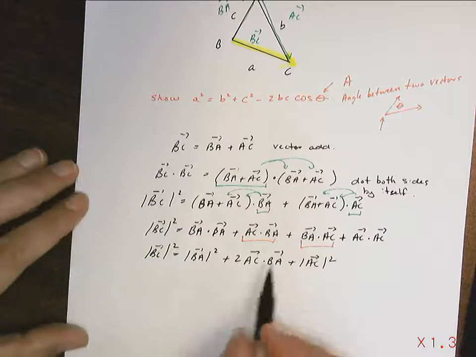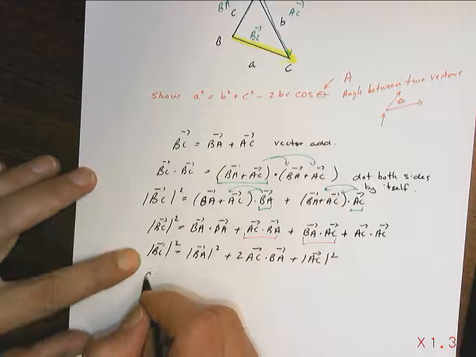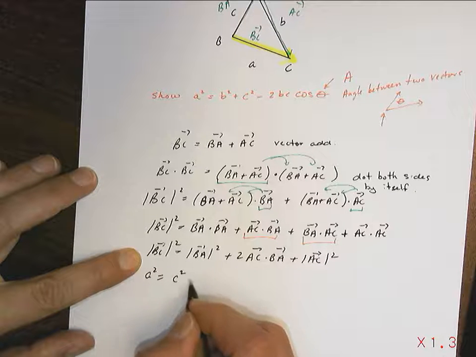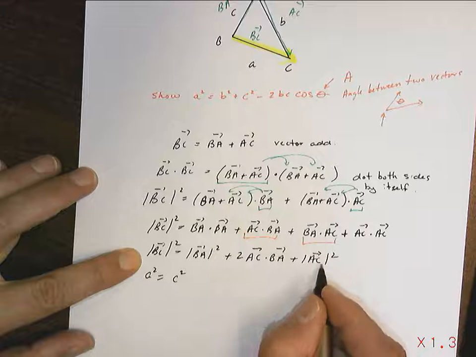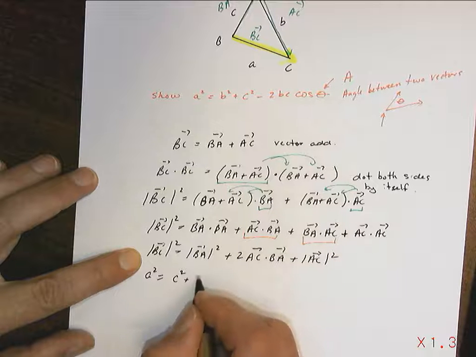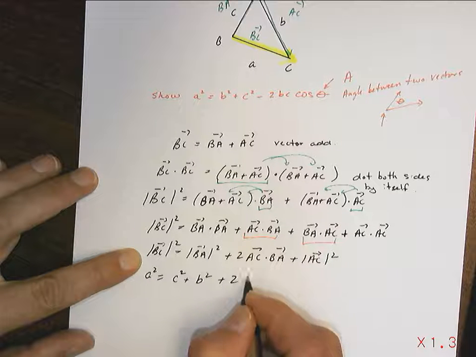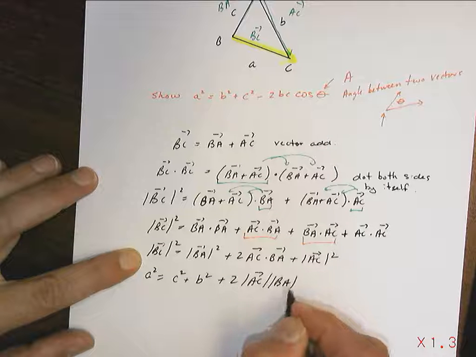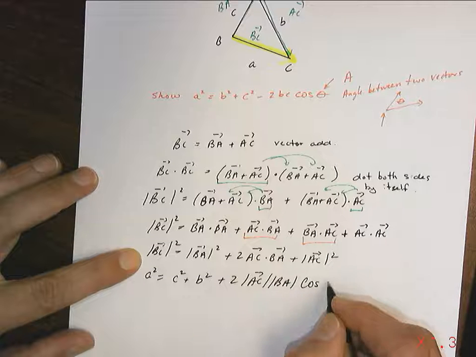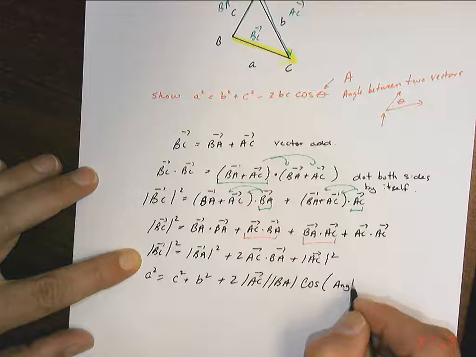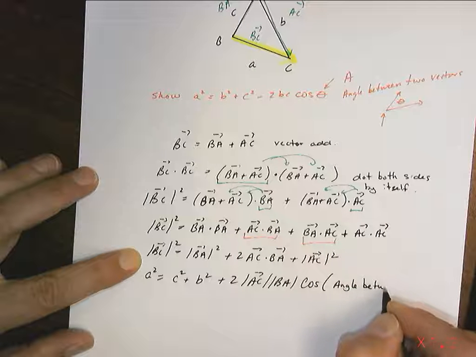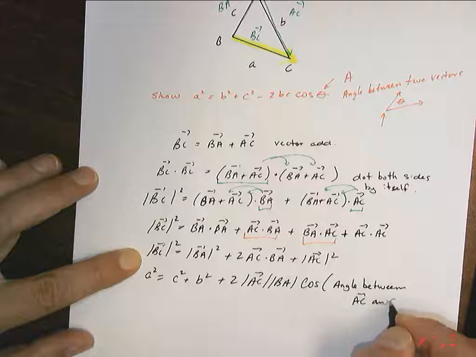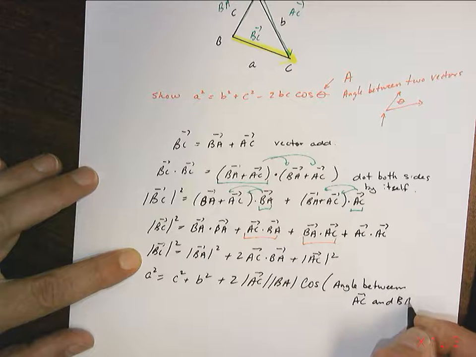And this gave us BC was A squared, BA was C squared. This was giving us AC squared was B squared plus 2 magnitude of AC, magnitude of BA, cosine the angle between AC and BA.